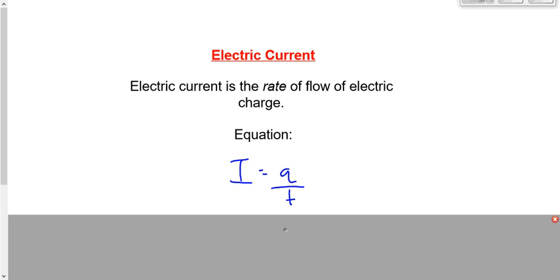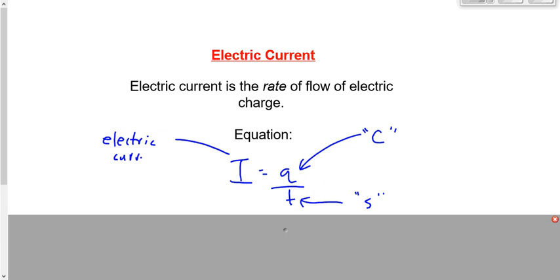It's the number of coulombs per second, just like the number of cars per second, not the meters per second. So charge is going to be measured in coulombs, of course. Time is going to be measured in seconds. So the units for current would be coulombs per second.